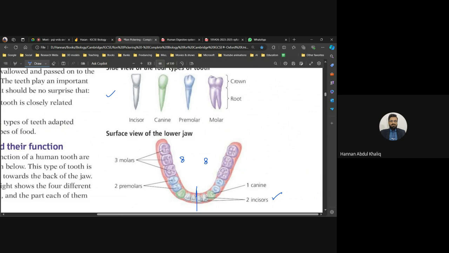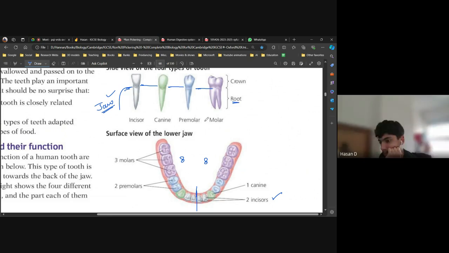Now this is something that might worry you a bit. Remember, the root is the part inside the jaw. This part is hidden. This is your jaw. So the pointy part is in the jaw.